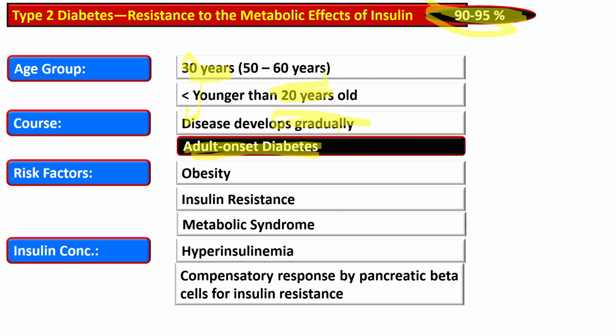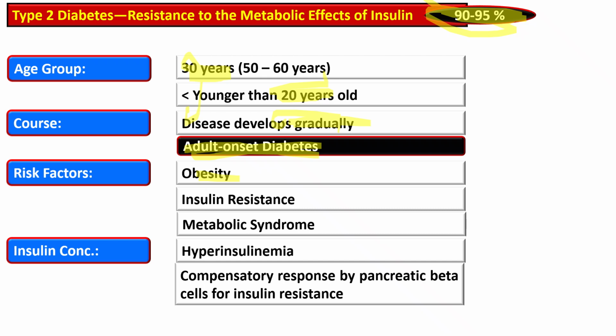Obesity is the most important risk factor, especially central abdominal obesity, and there is a strong association with metabolic syndrome, that is obesity, hypertension, dyslipidemia, and resistance to insulin.